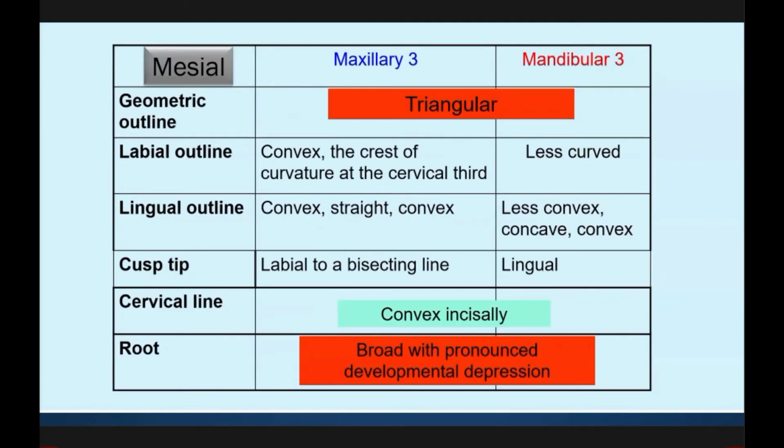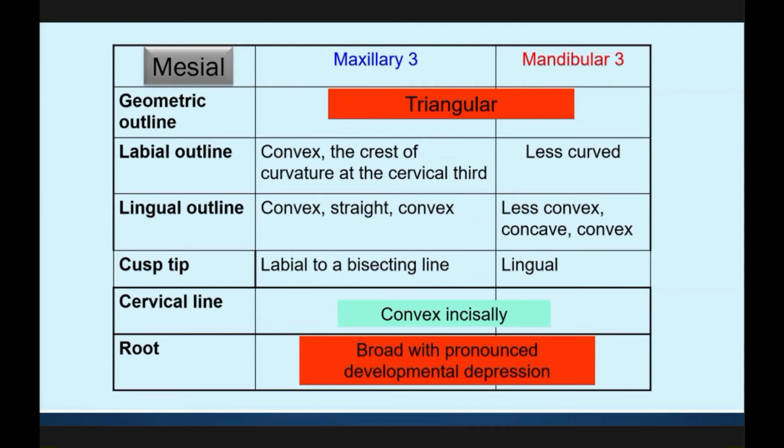From the mesial side, if you compare the maxillary canine and the mandibular canine, the geometric outline is triangular for both of them. The labial outline is convex, with the crest of curvature at the cervical third. The lingual is less curved, similar but less curved. The lingual outline is convex, straight, convex, but in the case of the mandibular it is less concave and less convex.